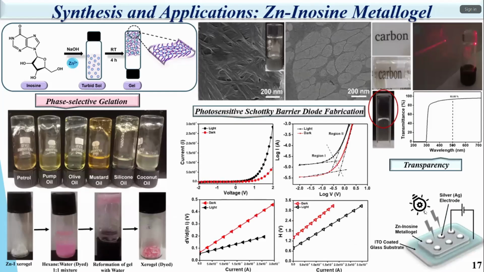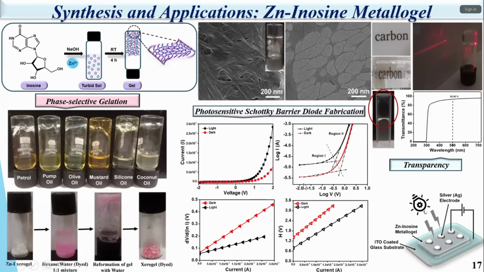Further, we also utilize this metal gel for photosensitive Schottky barrier diode fabrication. This is an example of its responsiveness, the photosensitivity of the Schottky barrier diode. So it converts the photo energy into current flow basically.